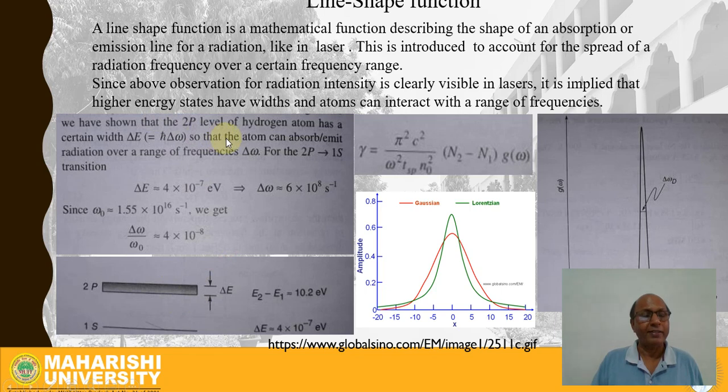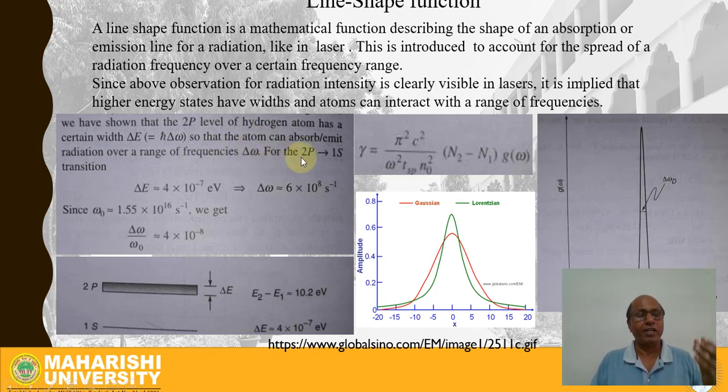That means whatever atoms are in this range in the excited state, they will absorb a frequency falling between this range, and they will emit a radiation of frequencies falling under this range of delta omega.